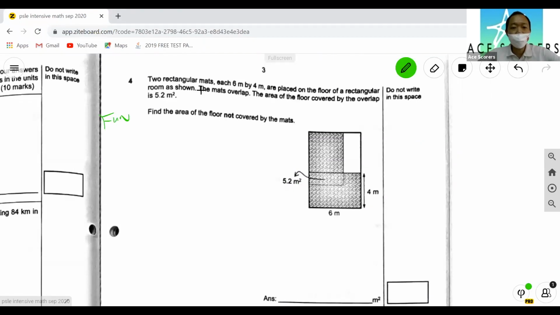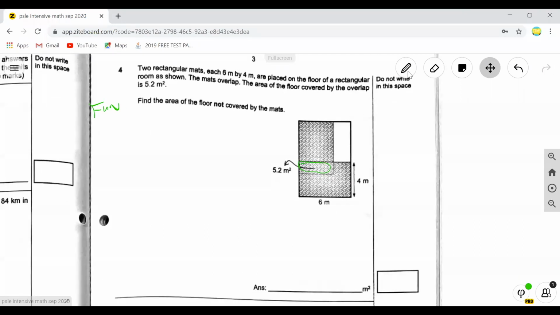Two rectangular mats, 6 by 4, are placed on the floor. The mats actually overlap. There's overlapping here, right? The area of the floor covered by the overlap is 5.2. Find the area of the floor not covered by the mats. A 6-meter mat is very long.